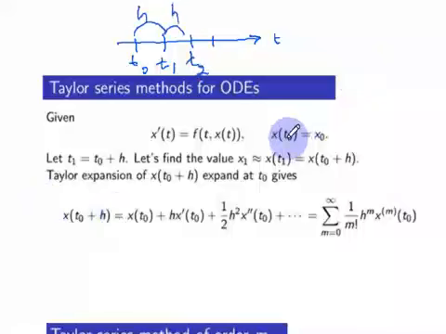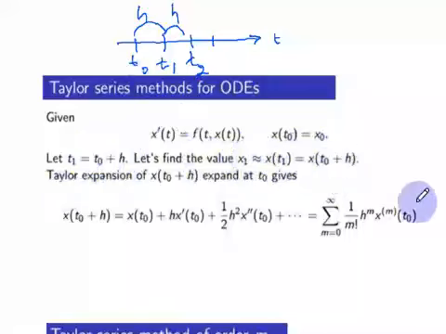So we start off with this t naught, and let's consider this point t1, the very next neighbor. So t1 is equal to t naught plus h, and x1 is the approximation to this. x of t1 is the exact value, which is x of t naught plus h.